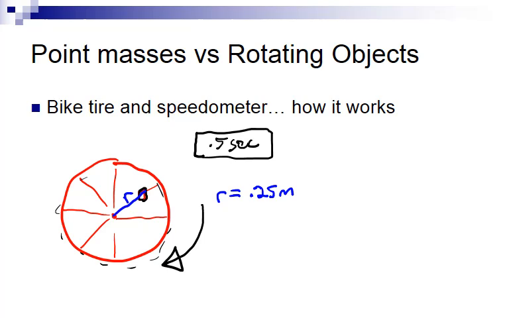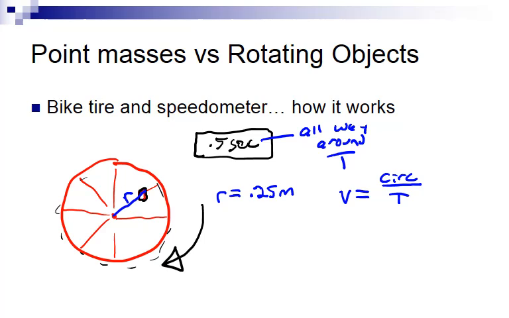And in the past, what we did was, this is 5 seconds all the way around. So let's call that T. That's the period. What we could do to figure out how fast we're going is take the circumference divided by the period. How long does it take for a full circumference to go around, divided by the period?